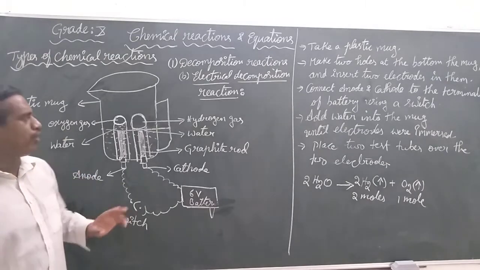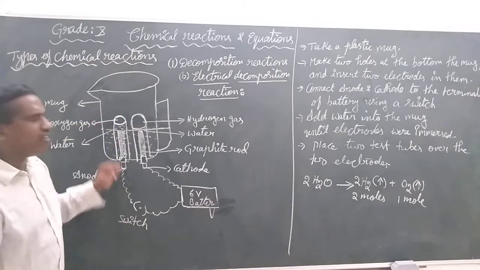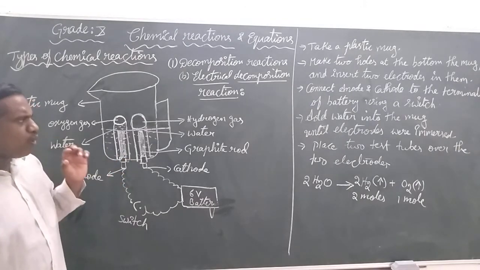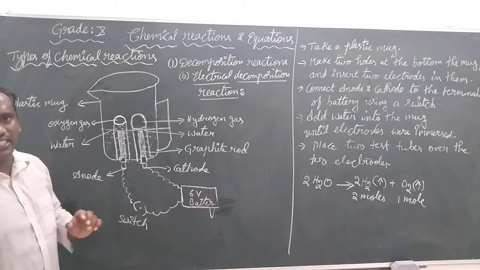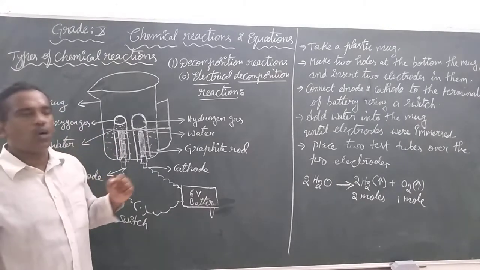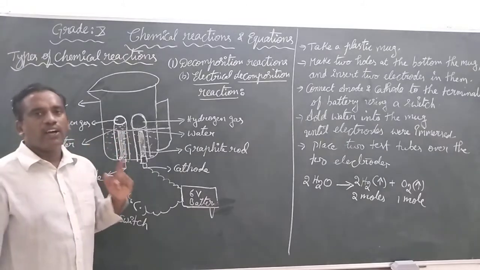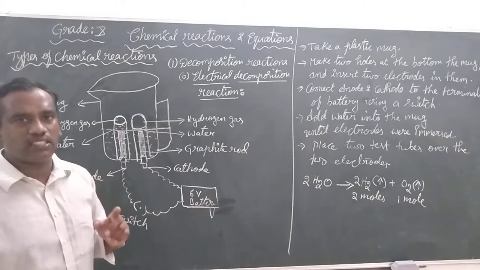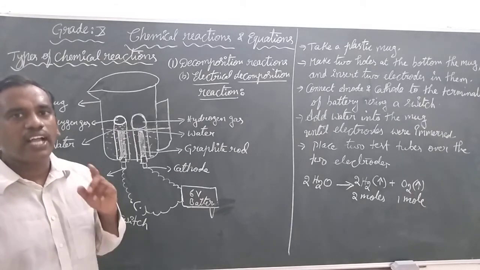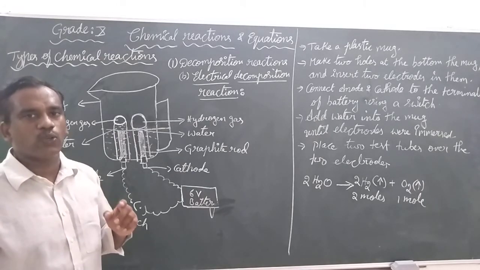For the examination point of view, we need to practice this diagram. And one main important question is, among oxygen gas and hydrogen gas, how to know which is oxygen or hydrogen? We have a confirmatory test for hydrogen gas.